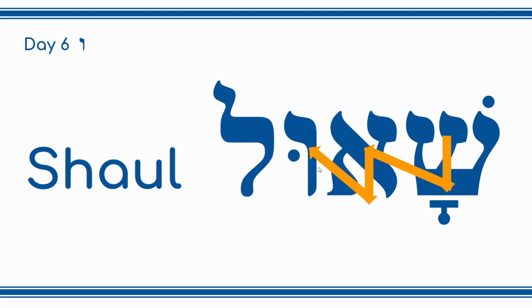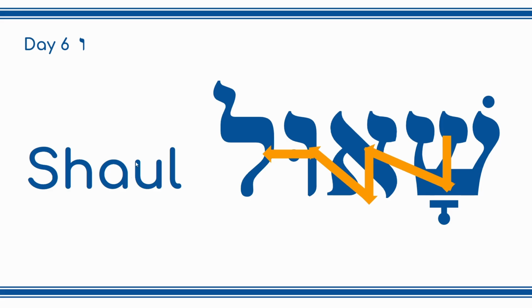And so you have aleph is silent and shurik makes the oo sound. So you get oo. So this first one is sha, and then you have oo, sha, oo. Okay, and now we're going to look over to the next letter, and it's the letter lamed, and it makes an l sound, like an L. So you have sha, oo, l, Shaul, and that's the name.